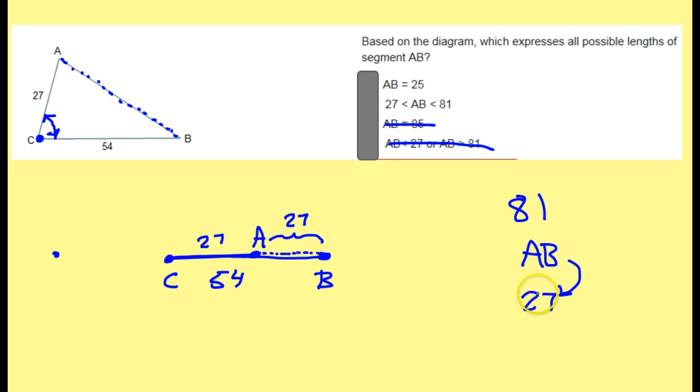So there's no way that AB could be 25. So it's this statement right here that is the only thing that makes sense. This is basically saying the exact same thing as this. 27 is less than AB, which is less than 81. In other words, AB is between 27 and 81.